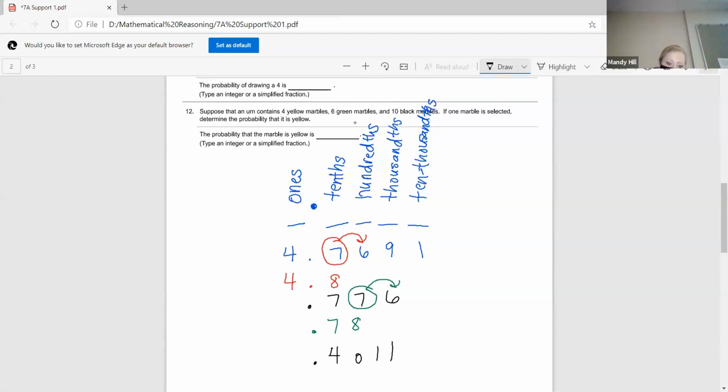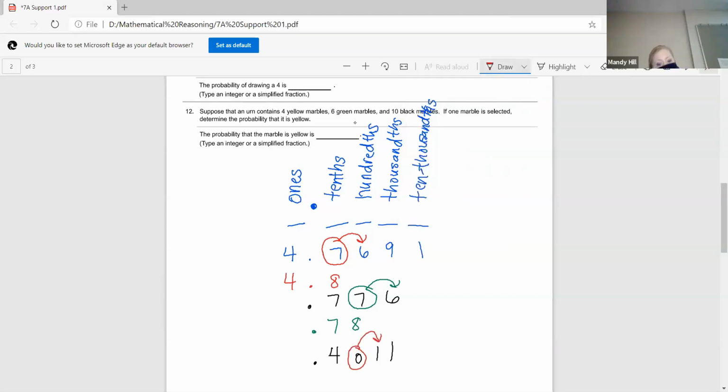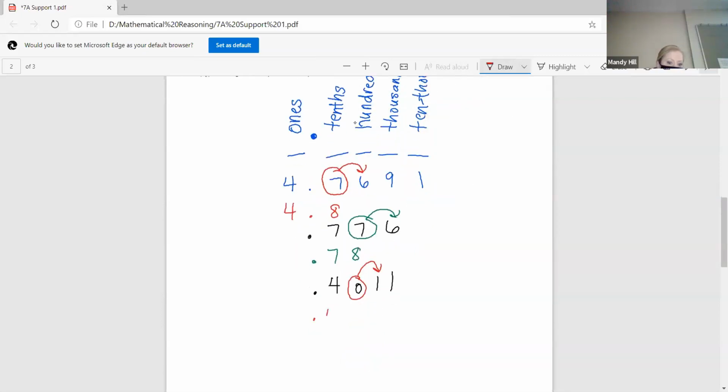Still, they want us to round to the hundredths place, so I'm going to circle that one. So I know I can't go past this. I'm going to look next door. This is not a 5 or bigger, so that means it just stays 0.40.